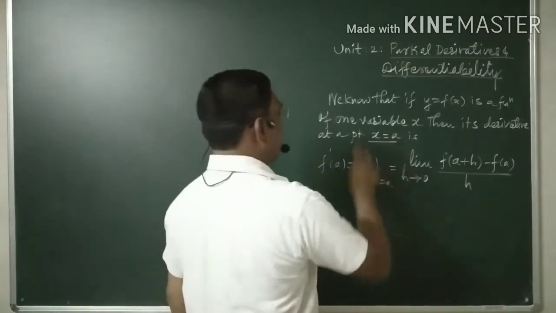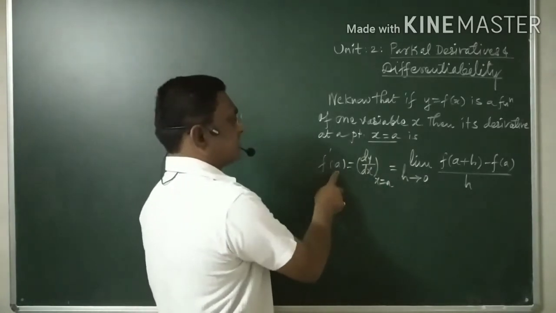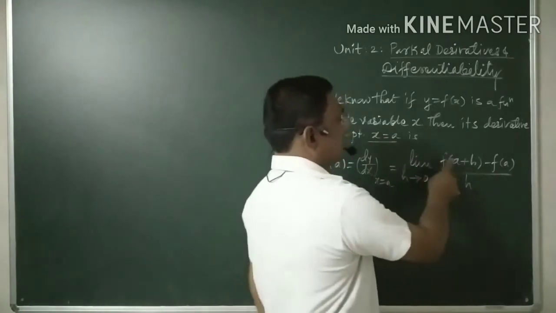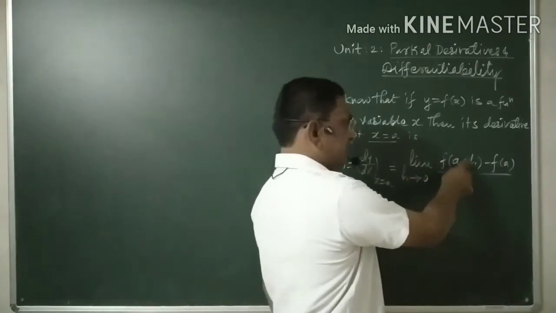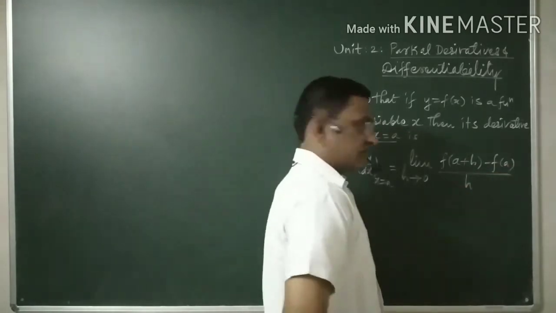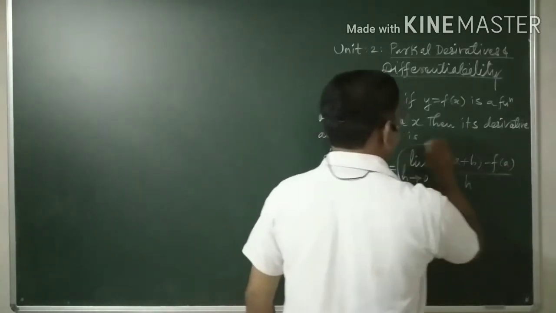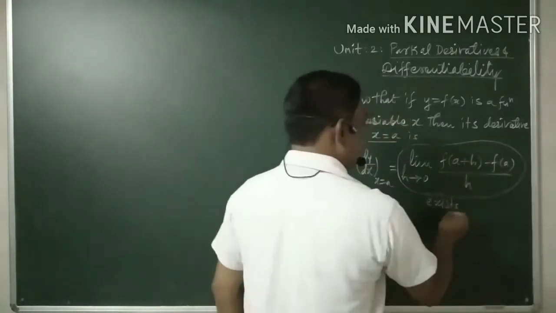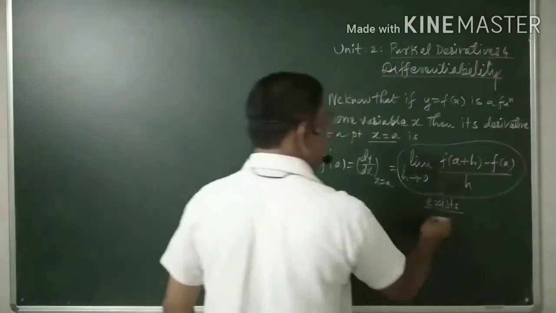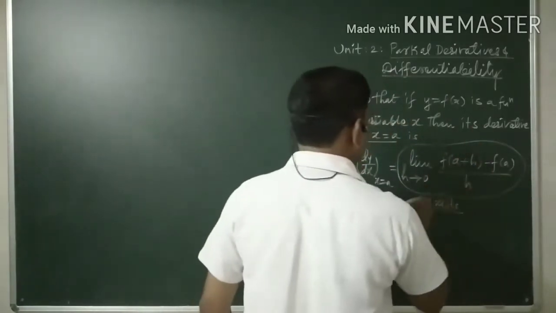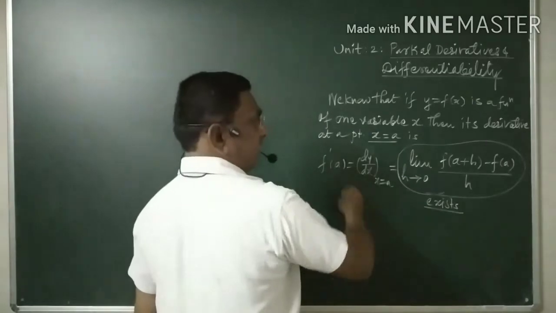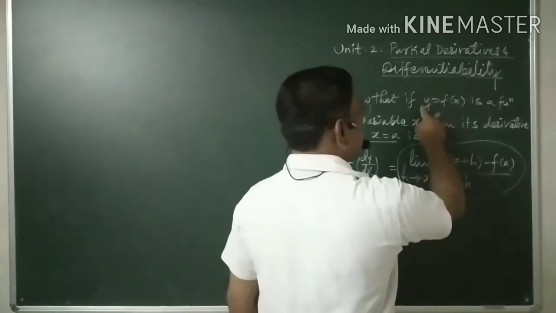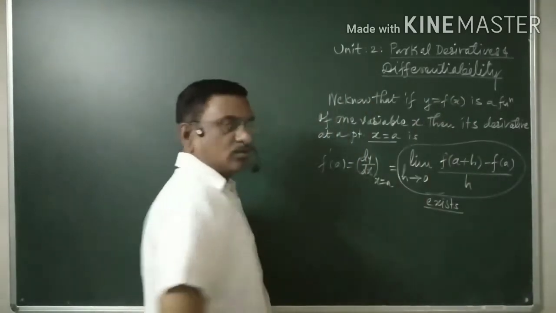If I don't want it at a, then we have f dash of x is equal to dy by dx, which is equal to the limit as h tends to 0 of f of x plus h minus f of x divided by h. And if this limit exists, then whatever the value may be, it is known as the derivative of y is equal to f of x at x is equal to a.